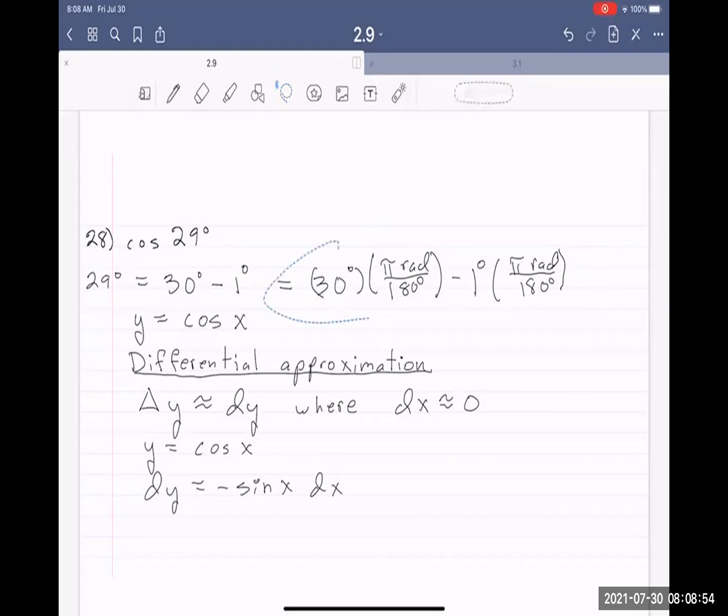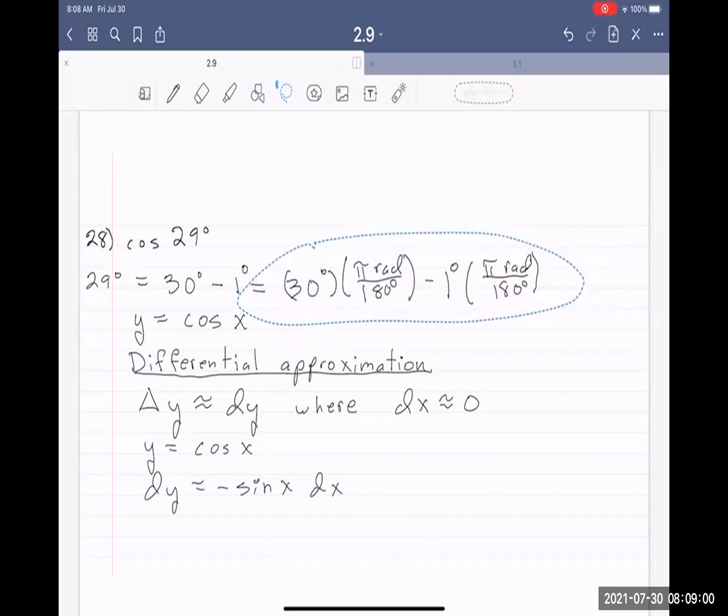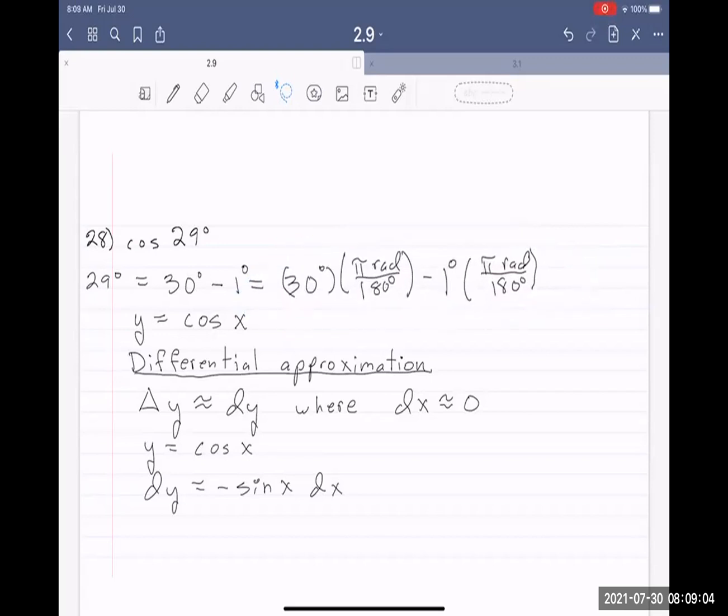Oh, actually, I should move this also. So this is going to equal pi over 6 minus pi over 180.